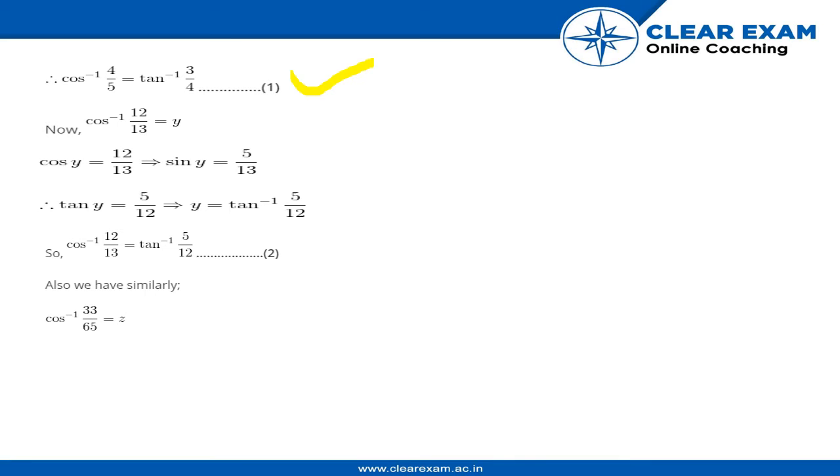Now our next term is cos inverse of 12 by 13. Let's take the triangle approach. Our triangle approach says that cos inverse of 12 by 13 can be depicted as base equal to 12 and hypotenuse equal to 13.